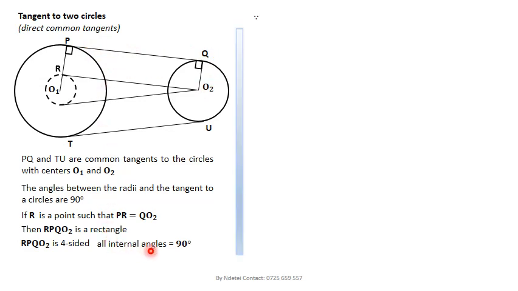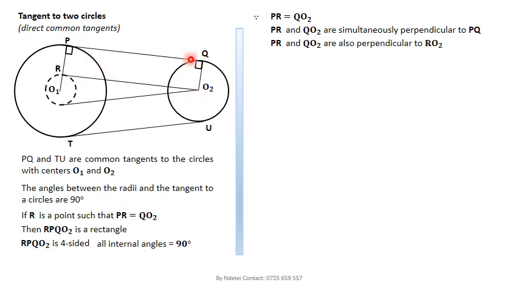But some additional concept relating to that. Please notice that we've said PR is equal to QO2. Again, notice that PR and QO2 are simultaneously perpendicular to PQ. That is this distance here and this distance here. They are perpendicular to PQ. We have said that. Now, PR and QO2 are also perpendicular to RO2.